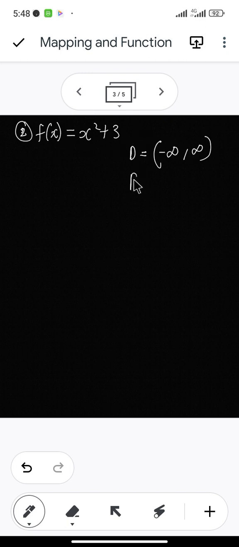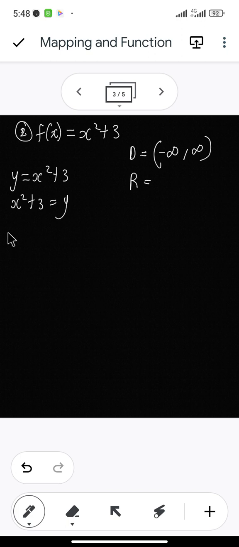Now the range, if you're asked to look for the range of this same equation, the first thing we have to do is to convert this to an inverse function. So what will it look like? We have y equal to x squared plus 3. You make x the subject. So x squared plus 3 gives you y. Just exchange the position.